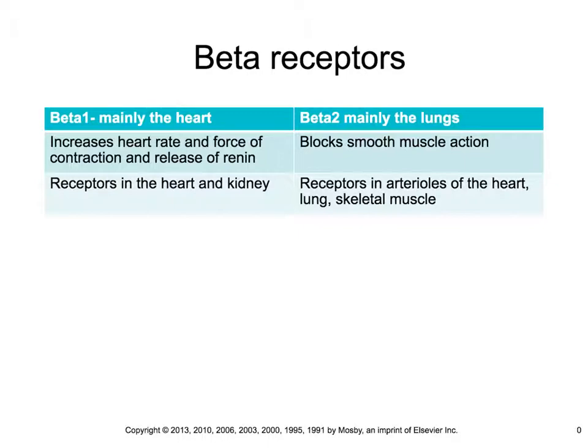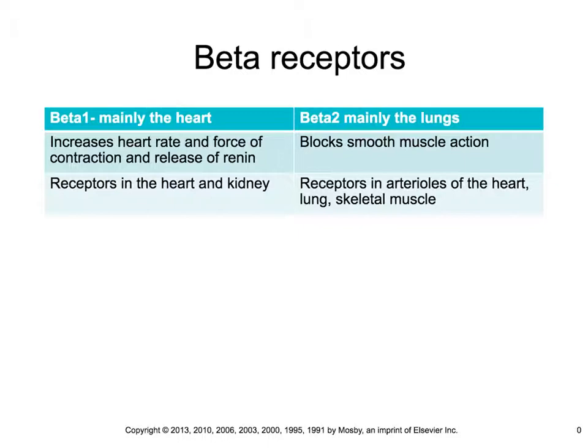We're going to increase skeletal muscle contraction, and we're going to block the smooth muscle action. So the beta 2 receptors are in arterioles of the heart, the lungs, the skeletal muscle, the bronchioles, the uterus for treatment of premature labor, and the liver. Beta 2s are the ones that treat asthma.